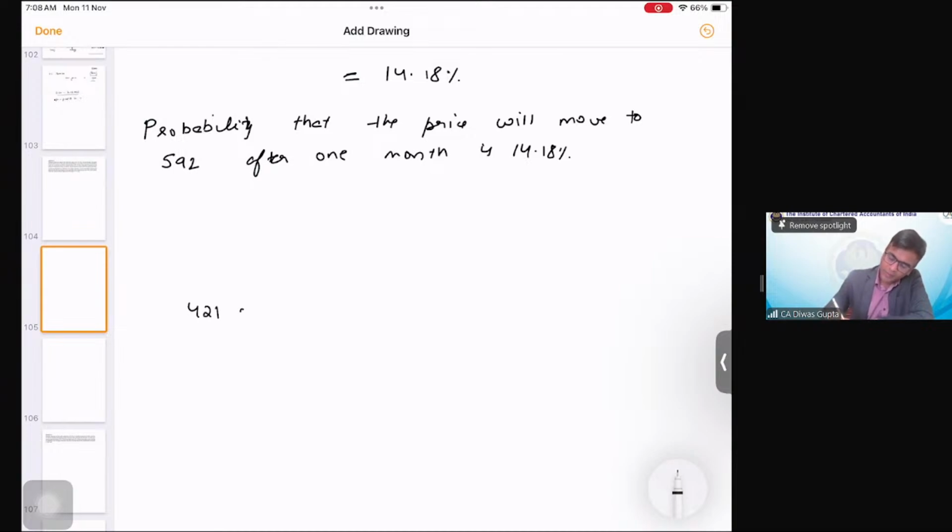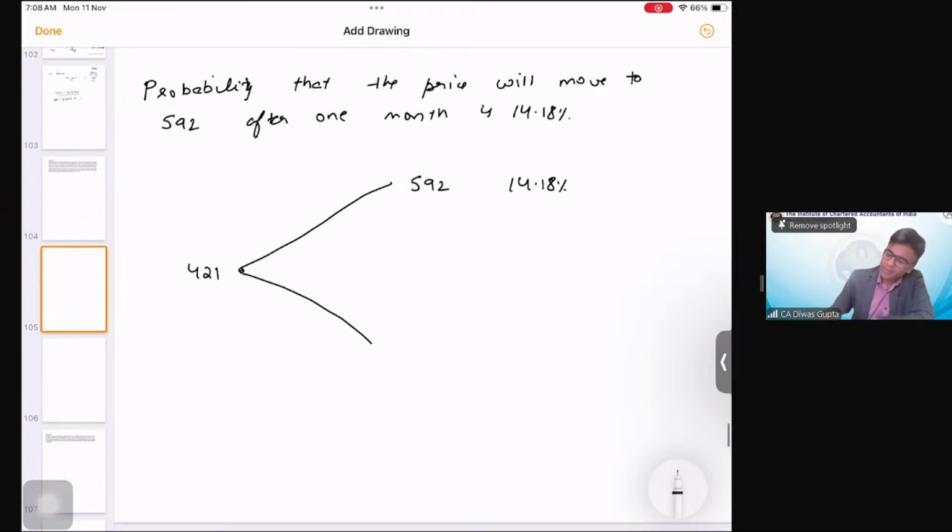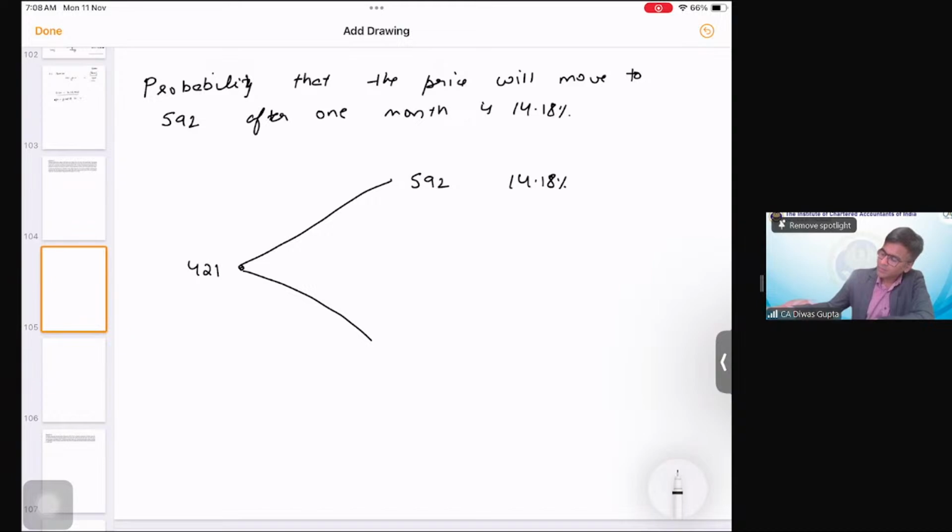So 421. So there are two possibilities, right? 421 going up to 592, and hence a probability of 14.18%. And the second one is the price going down to 411, and hence the probability of 85.82%.